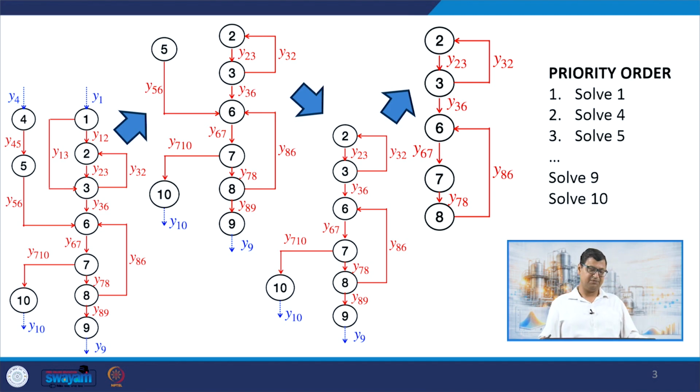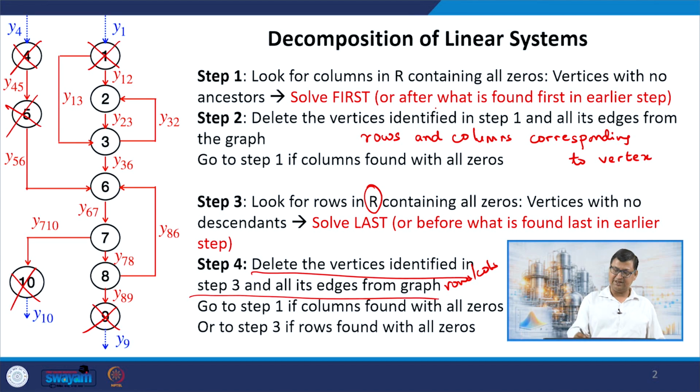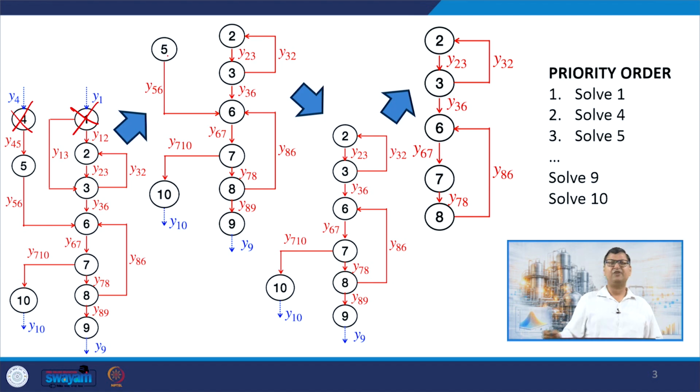So, this is what we did. In the first step, we deleted the vertices 1 and 4 because they did not have any ancestors. Then I was left with this reduced graph, and now by the logic that I just said, we have 5 with no ancestors. So, we do 5 after this, and we update our priority order scheme: first 1 and 4, then 5.